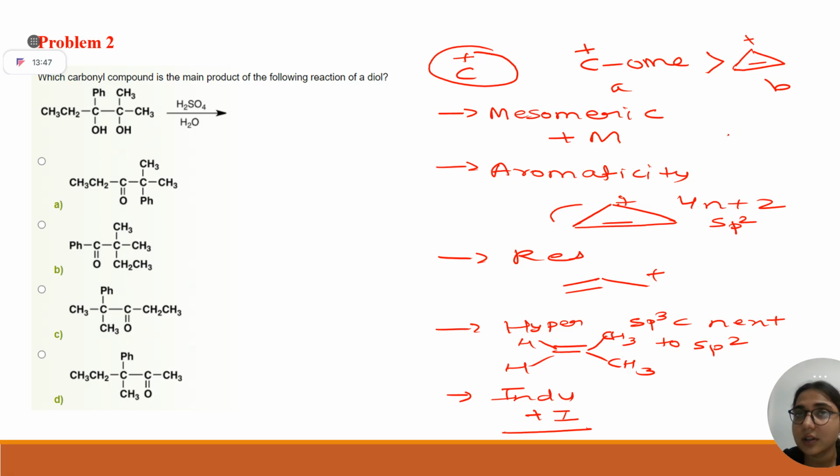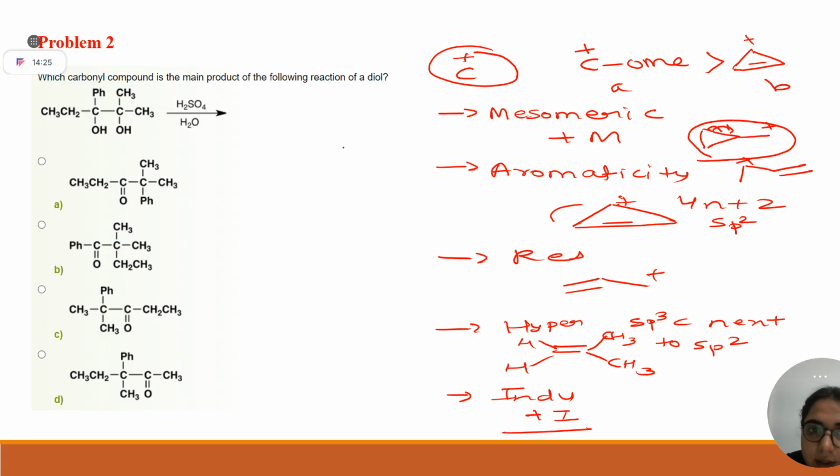Now, I will not say it is an exception, but one carbocation is highly stable. You will tell me the reason. This cyclopropyl ring is strained, right? So in order to remove this strain, it will try to open. When it opens, the charge will be removed, and the electron density will come here.